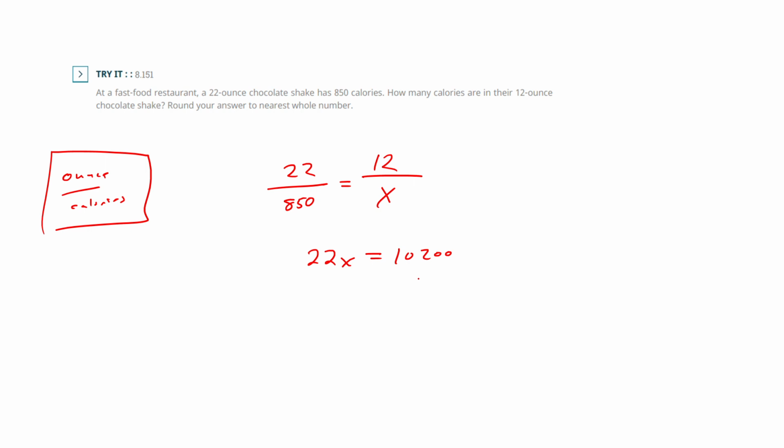Now divide both sides by 22. Oh, do I get a fraction? Let me double check this, make sure I did it right. I think I did, but yeah, I guess it's just a fraction. Oh yeah, it says rounded here. So I got 463.636. They want the nearest whole number, so that would take me up to the next one. So 464. And looking at what I was solving for, that was calories.